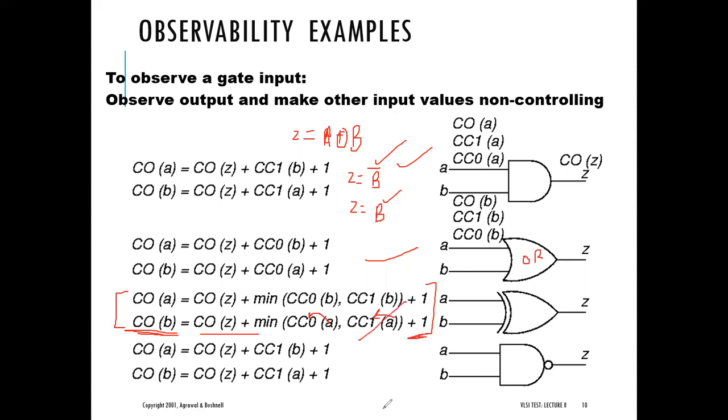Next is NAND gate, that is also simple. I hope the idea is very much clear to you. So in next lecture we will be learning about more complex examples.